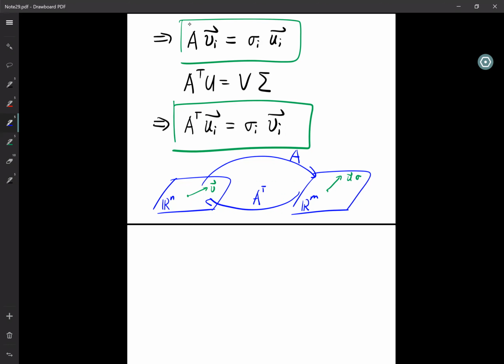It maps a vector U to this V sigma. And so the eigenvalue decomposition, as you can see, if A is a real symmetric matrix and this is real, I go from Rn to Rn, then the singular value decomposition in this particular case coincides with the eigenvalue decomposition.